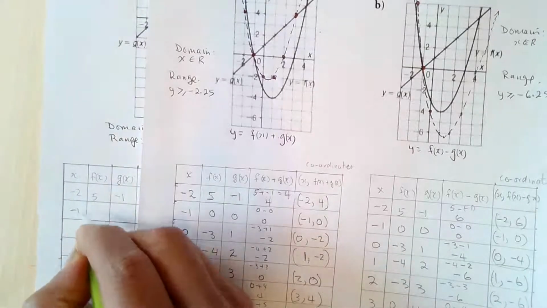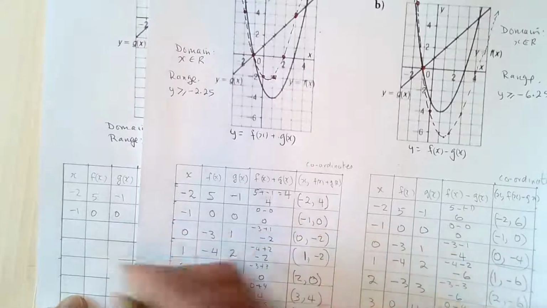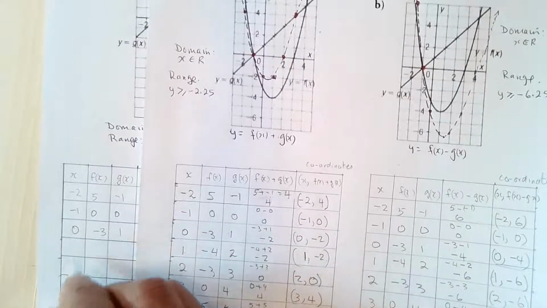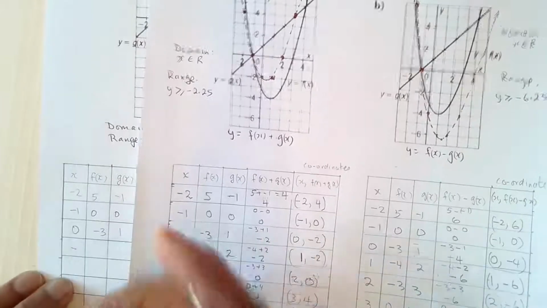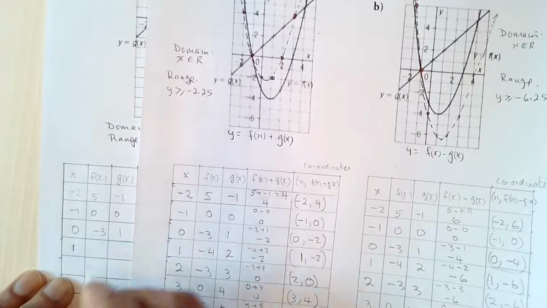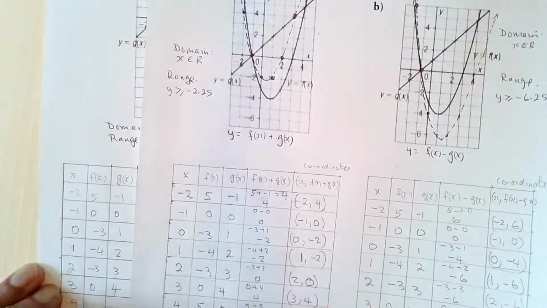So -1, 0, 0, 0, -3, 1. Next point would be 1, -4, 2, 4, 5, and 5.